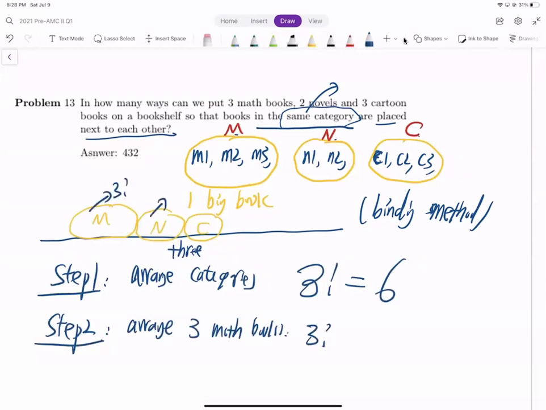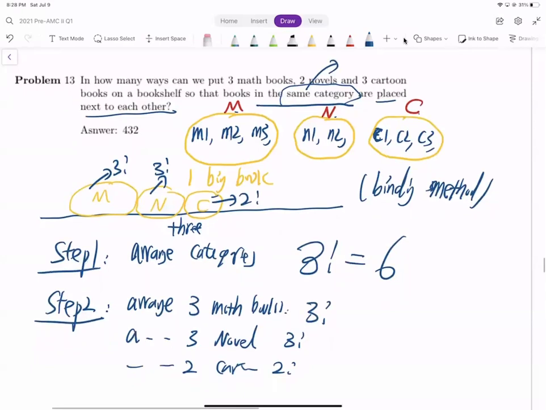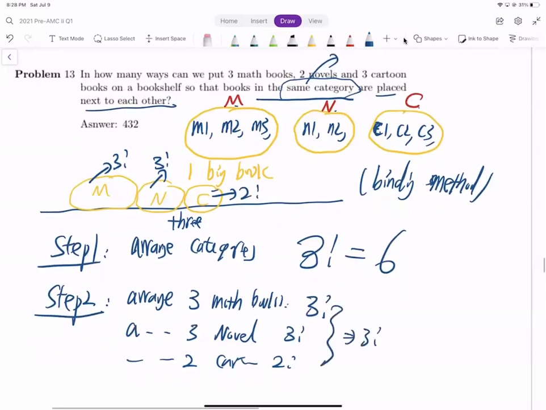So this one, I get 3 factorial to do it. And then I can arrange 3 novels within this position. So again, 3 factorial. Arrange 2 cartoon books will be 2 factorial, which will just be 2, right? Okay, so in the second step, we have 3 factorial times 3 factorial times 2 factorial, which is 6 times 6 times 2.